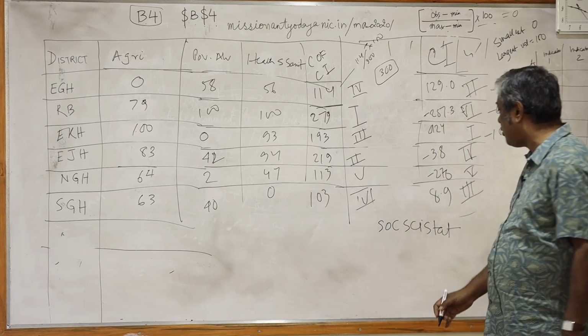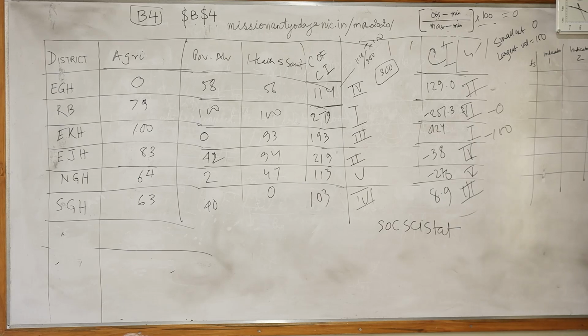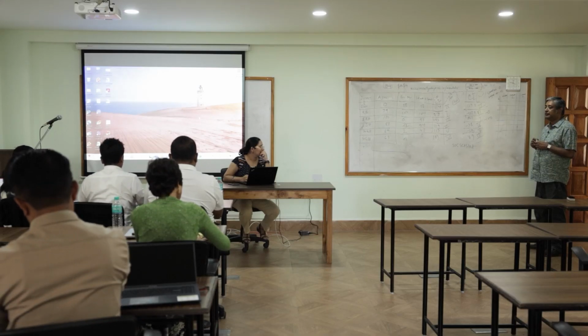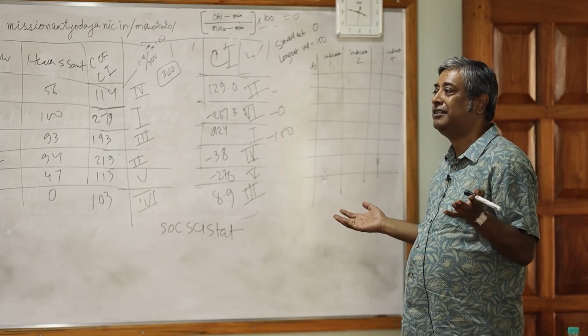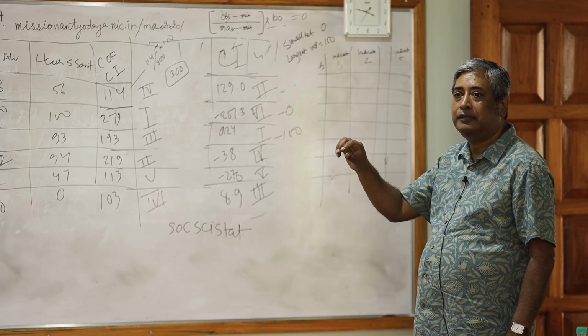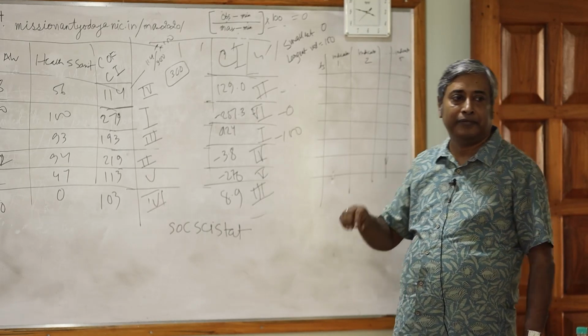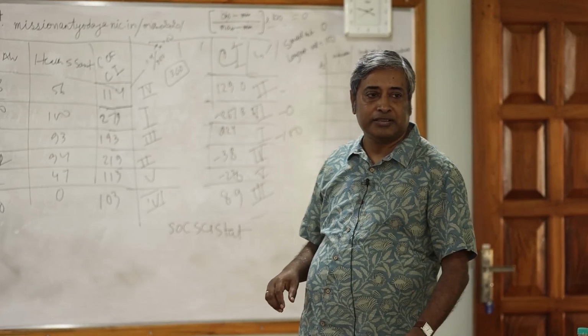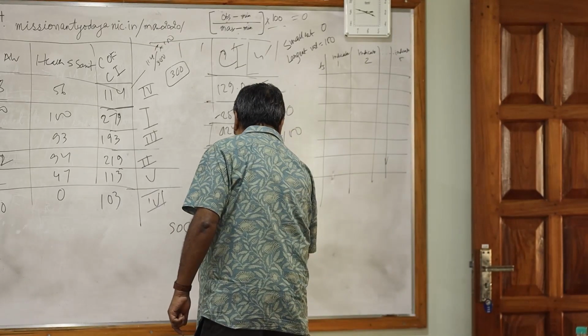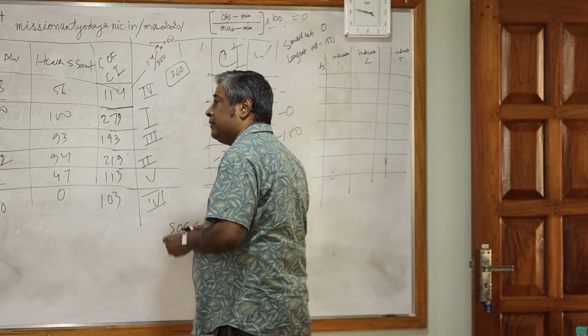there's a website called Social Science Statistics. And it has everything. All you have to do is just feed in your data. Right, it's very simple.